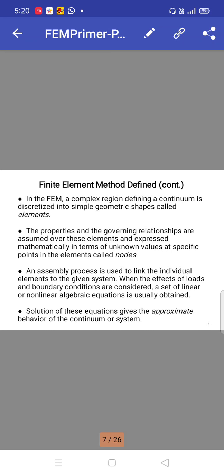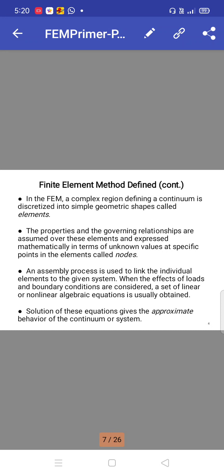In the FEM, a complex region defining a continuum is discretized into simple geometric shapes called elements. The properties and governing relationships are assumed over these elements and expressed mathematically in terms of unknown values at specific points in the elements called nodes.